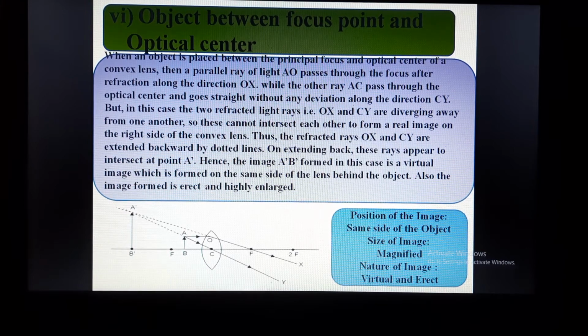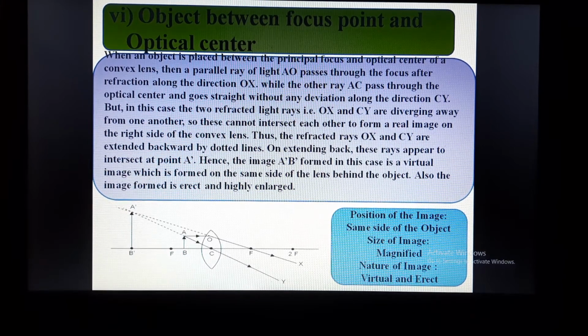Virtual image, erect image, real image, inverted image. These definitions are very important for knowledge based questions. Okay, so we will discuss our next topic, and the next topic is the general equation of lens.